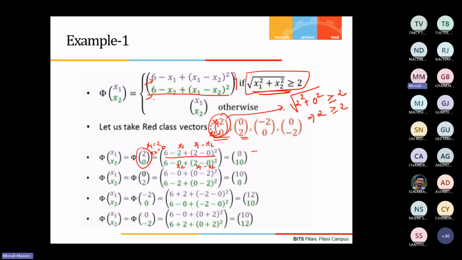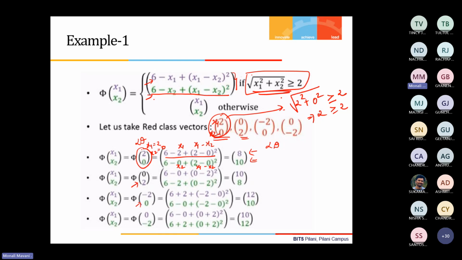And then we get the answer 8 and 10. So we can say that the original coordinate 2 and 0 is transformed to the coordinate 8 and 10. Still it is a two-dimensional to two-dimensional transformation. As it is a toy example, just for the understanding we are doing this.